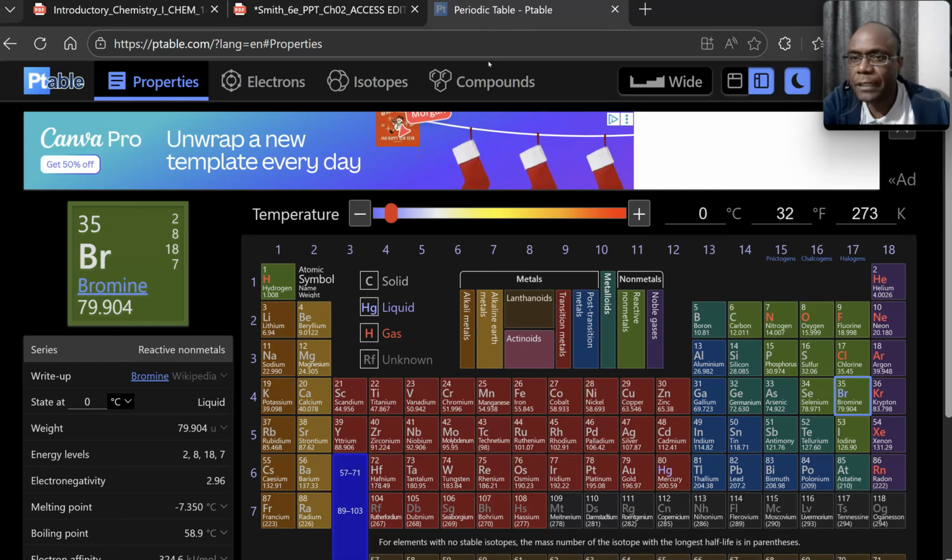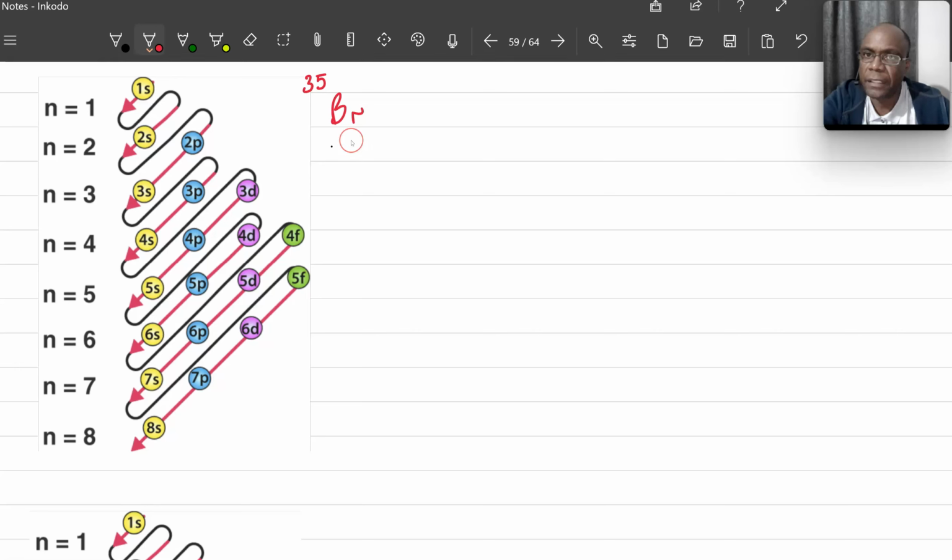Bromine has 35 as the atomic number, meaning it has 35 protons. Let's work on that and find the electronic configuration of bromine, shall we? Okay, so bromine has atomic number 35, as we have seen in the periodic table. This tells me that it has 35 protons. This tells me that those are 35 positives.